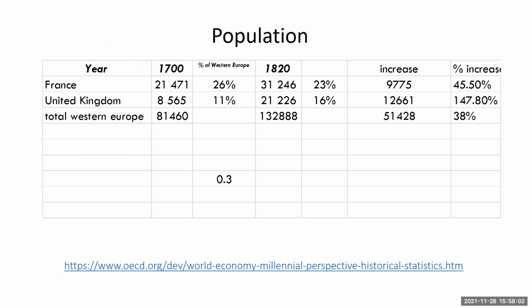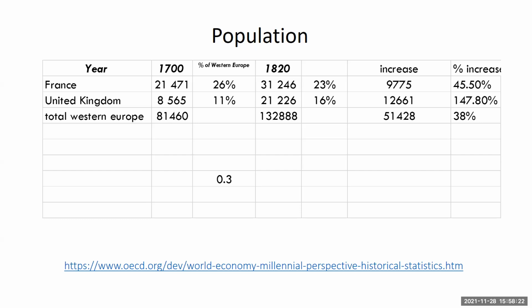Logic alone dictates that this increase had to be accompanied by an increase in the material conditions for survival. Minimally, food, shelter, and clothing, but also a great deal more is required to sustain the larger population.